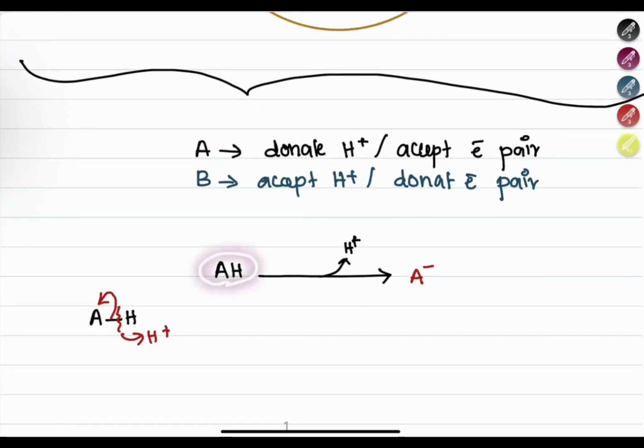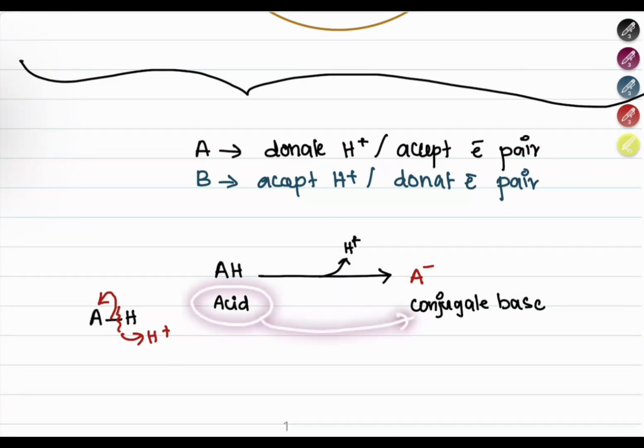So if you have an acid, after losing H plus, we'll get a negatively charged species. So first we have an acid, and the acid is losing an H plus, and we are getting a negatively charged species, which is a base. We'll call this base the conjugate base. So from an acid, we got the conjugate base by releasing H plus ion.